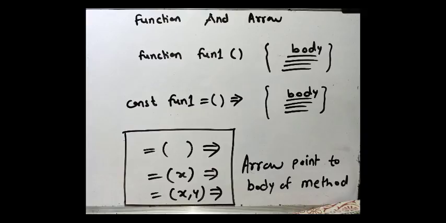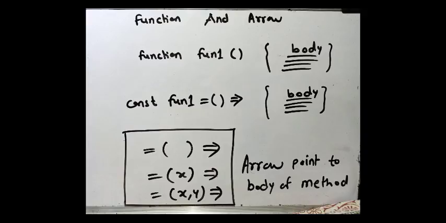But if we want to use a function in React, we can write it like const fun1, which is the function name, then equal to, bracket, arrow, and then curly bracket and body. In the first line, if you see, there is equal to, bracket and arrow. Bracket is empty because we don't have any argument.